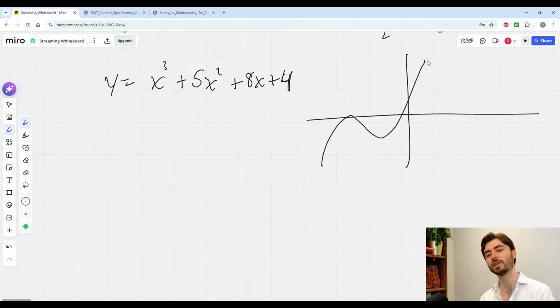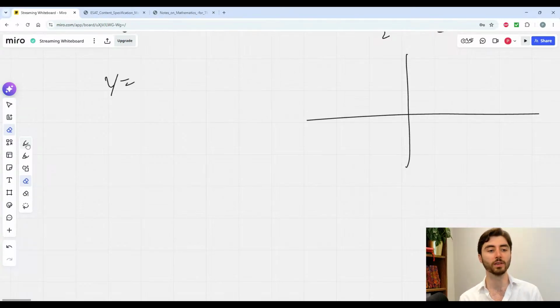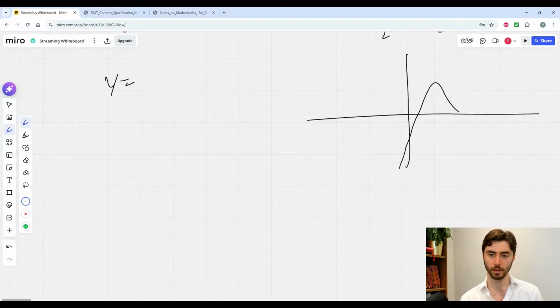Or actually, should I change it up now? Let's change it. I'm going to change it so that these are negatives. I think that might work. Hold on, let me change it to what I want it to be. So I would like the graph to look more like this one, where that's 1 and that's 2.